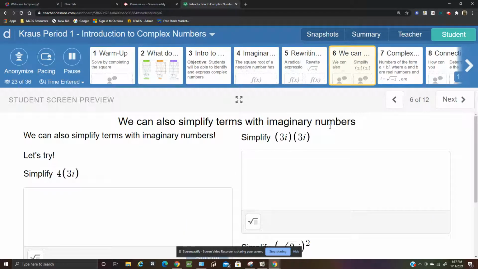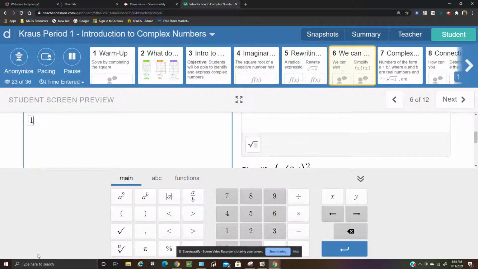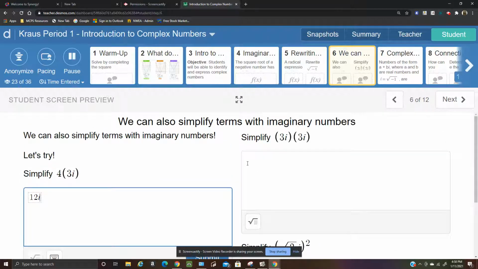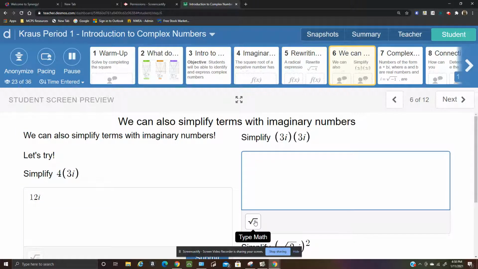And then we can also simplify imaginary numbers. So 4 times 3i would be 12i. We use the equation under it. Looks neater when I do it that way. And then 3i times 3i is 9i squared.